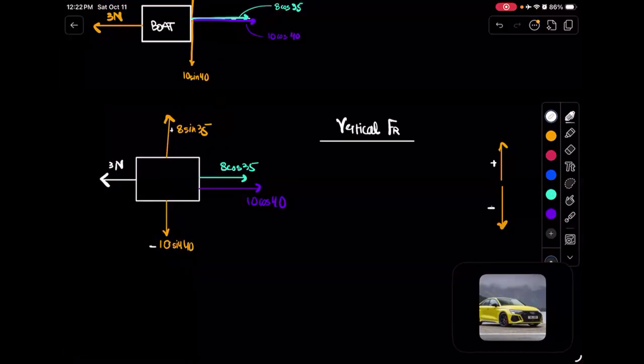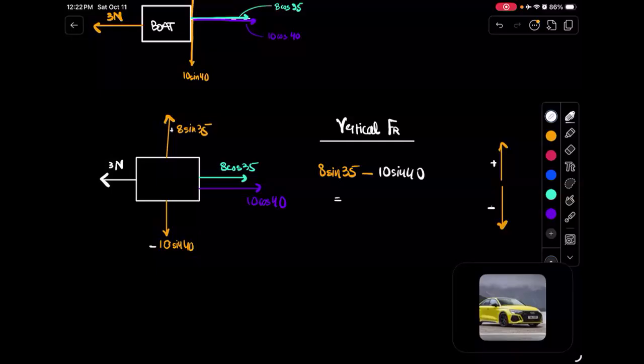Okay, let's take upwards as positive. So that's 8 sine 35 minus 10 sine 40. I'm just doing resultant force, like 5 minus 3. I'm just doing that for the vertical part for now. So 8 sine 35 minus 10 sine 40. Make sure your calculator is in degrees.